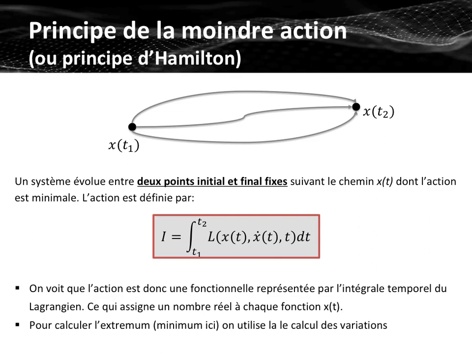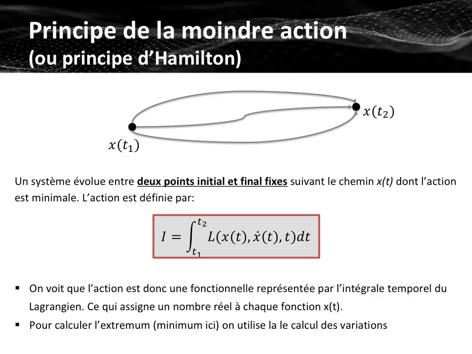Now, the important part, and the relation in things, is called the principle of Hamilton, or Hamilton's principle, the principle of least action. Well, the principle of least action involves the Lagrangian, and there's a relation between the Hamiltonian and the Lagrangian. Anyway, what does it say?